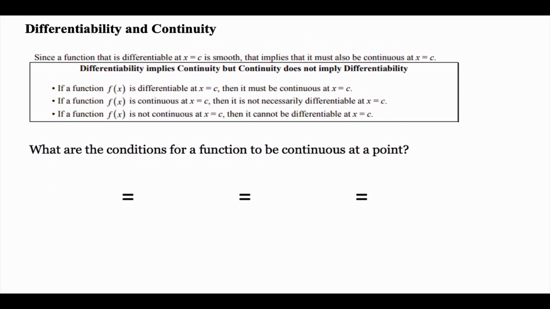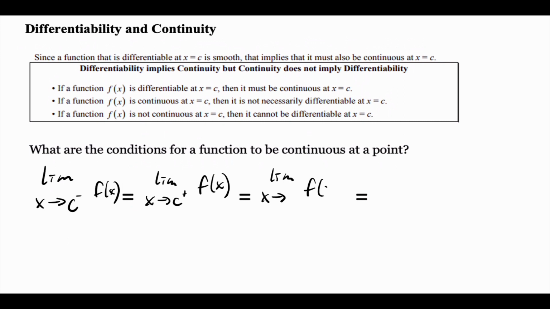Well, if it's continuous, the limit as x approaches the point from the left has to be the same as the limit as x approaches that same point from the right. If those two are equal, then you have a limit at that point, and then that has to equal the value when I plug in that point.